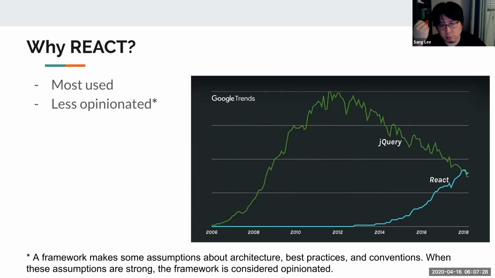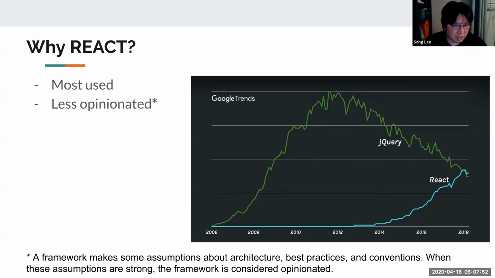But why do we choose React over Angular or Vue.js? There's something else for sure, Backbone.js, Blaze. There are a lot of front-end frameworks, but React is the most used one, and it is less opinionated.